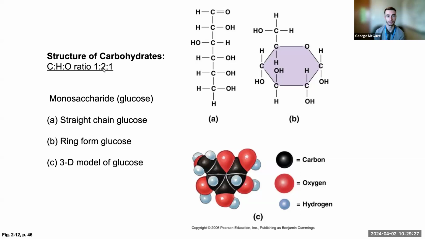So that 1 to 2 to 1 ratio always stands true. And so most monosaccharides are 5 to 7 carbons each. That relatively stays true throughout all of them, whether you're looking at glucose, fructose, galactose. Those are all going to have 5 to 7 carbons in their structure, and thus will have the relative hydrogens and oxygens to go with it.